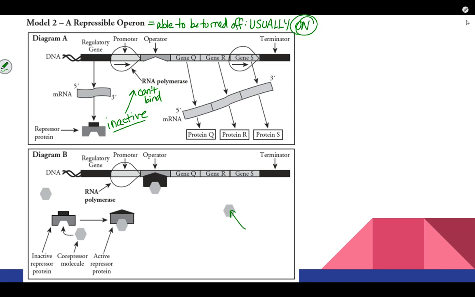So we can do this again. If the substance, maybe tryptophan, is available in the environment, that would be number one.